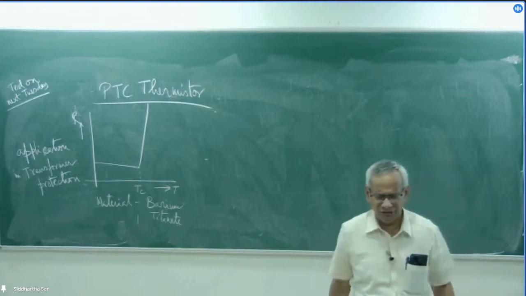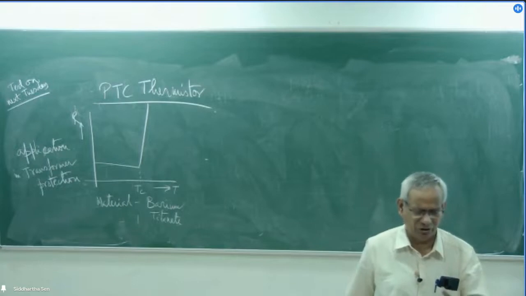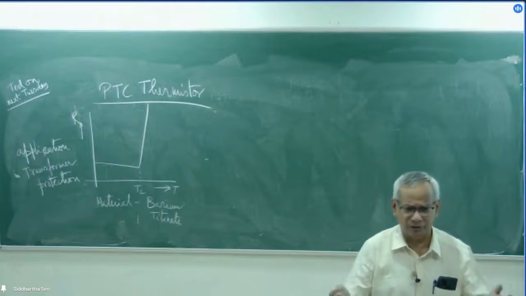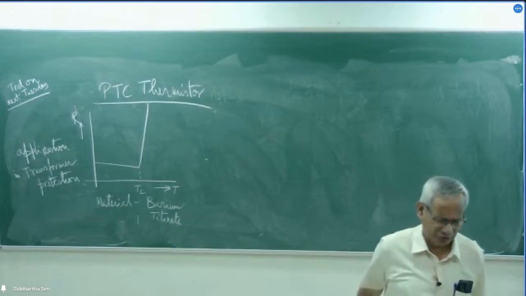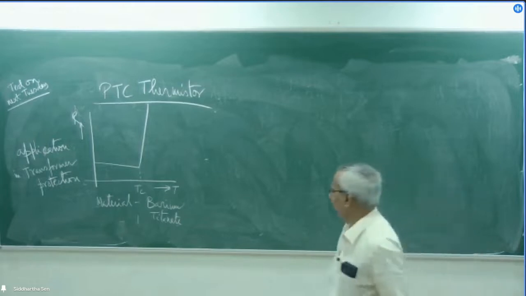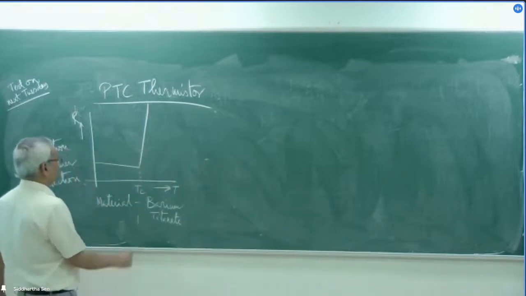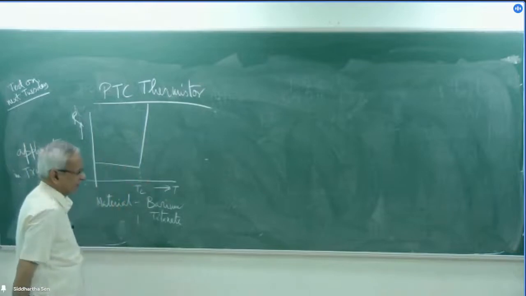So any temperature rise of the transformer oil or the winding must be taken care of. And if it goes beyond a limit, the whole transformer should be shut down, or tripped, or a relay has to be operated. This can be nicely done using PTC thermistors, because we can have a particular temperature Tc here.